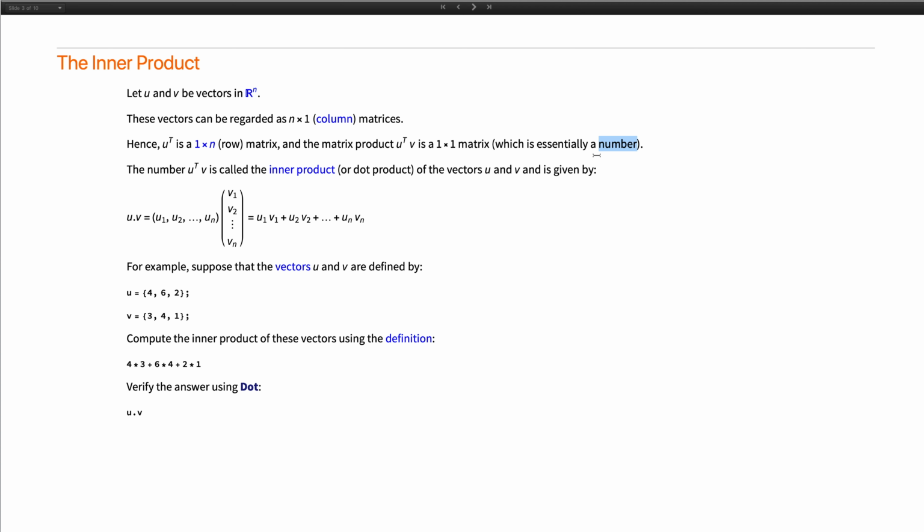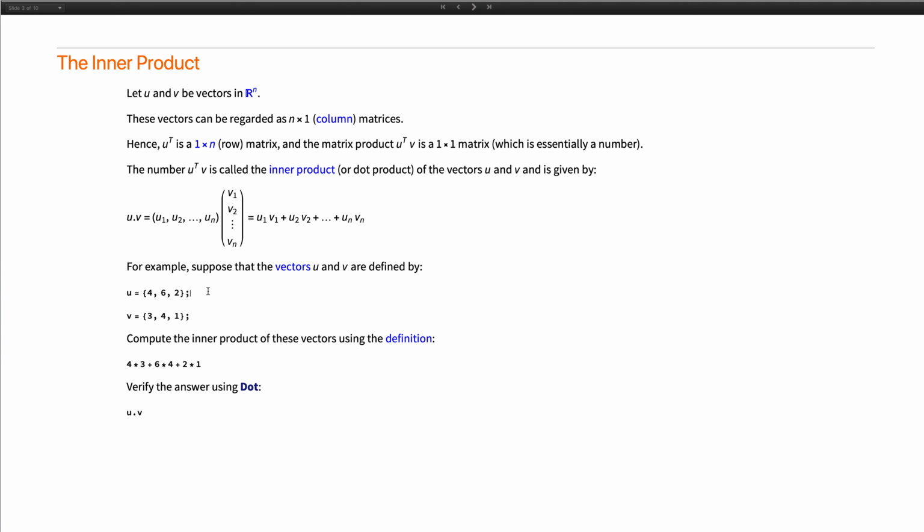This number is called the inner product of u and v. In practice, you define u dot v as the row times the column. So it is u1 times v1, and then u2 times v2, and then un times vn, all added up. So you simply multiply component by component, add the results, and you get the inner product.